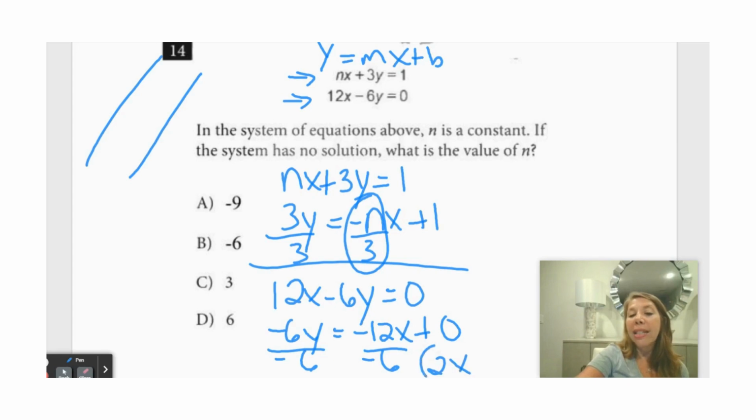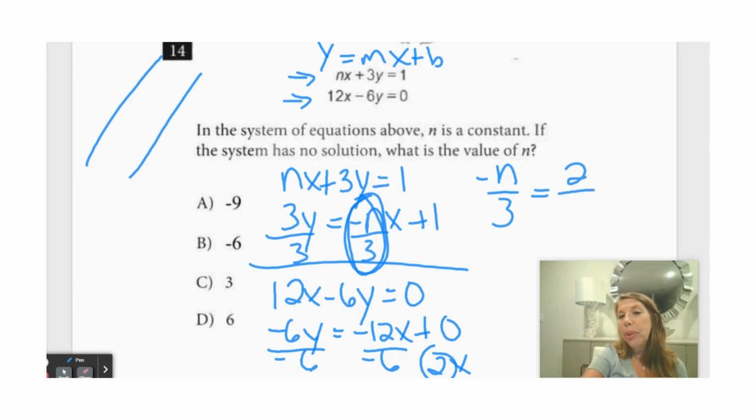So this slope has to equal this slope. So with that in mind, a negative n over 3 has to equal 2. When we have a fraction equal to a whole number, the easiest way to handle this is to put that over a 1 so that we have two fractions.